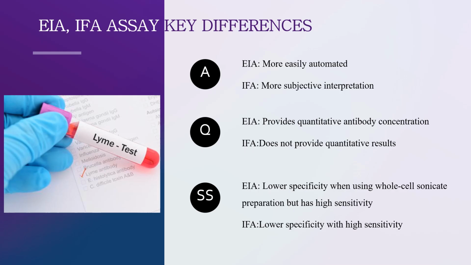Now, the big disadvantage, and it is definitely a big disadvantage, is that the EIA is reported to only have moderate to variable sensitivity, between 60 to 95%, which leaves a lot of room for error and also false positives or false negatives. And then you have the IFA. It uses fluorescently labeled antibodies to detect and visualize specific molecules, like the antigens in a sample.